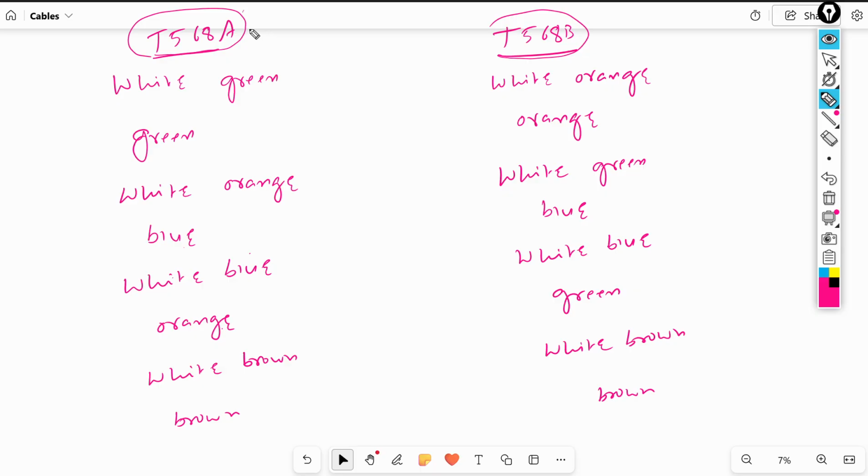Now, if you want to make your category 5, category 5E, category 6 or category 6A UTP cable, whatever it may be, and use it as a cross cable. Cross cable means what? Between the same devices. For example, see here, I have PC1 and PC2, two computers, right?